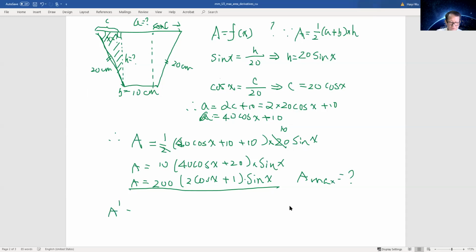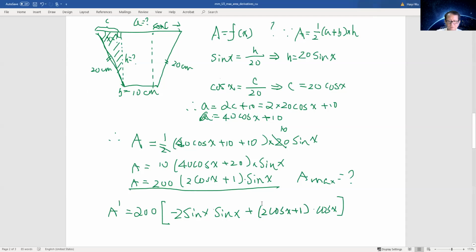So differentiate that. 200 goes out. We can do the product rule. So it is negative 2 sine x times sine x, plus (2 cos x plus 1) times cos x.